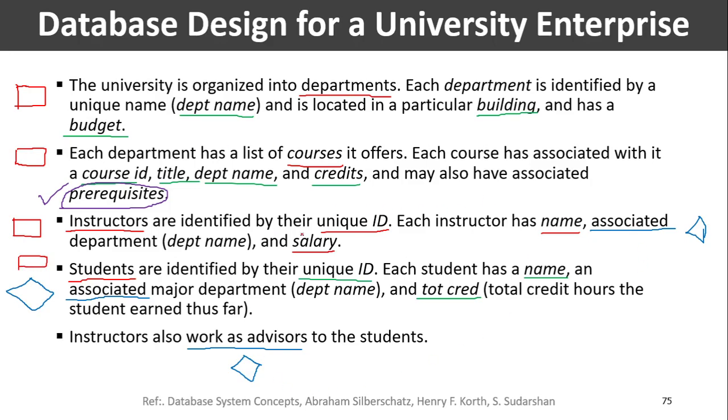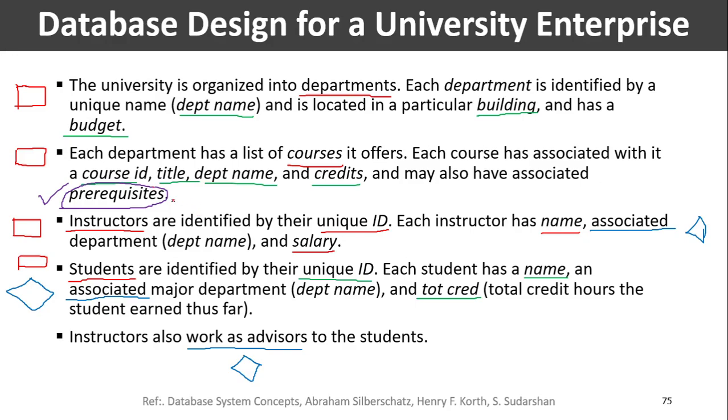Also here we have identified the attributes and a few relationships. So instructor and department are associated, so we may have a relationship. The student and department are associated, so we should have a relationship between student and department. Instructors and students are also associated, so we should have a relationship between them.